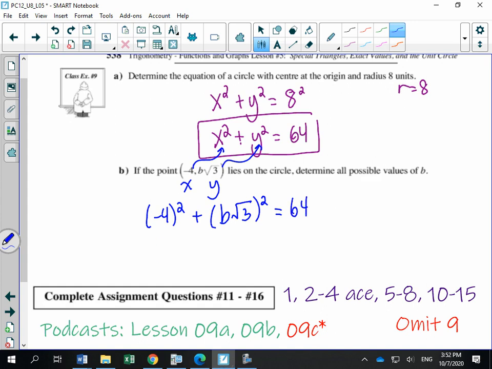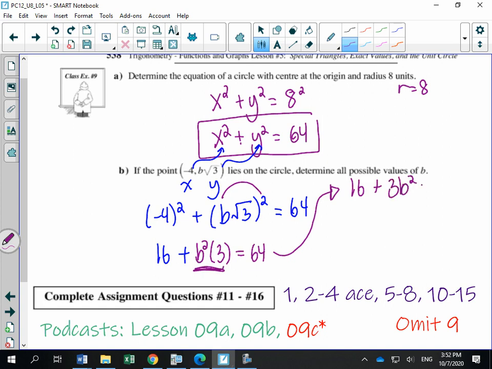Negative 4 squared is 16 plus b squared, and then root 3 squared is just simply 3, is equal to 64. I'm going to rewrite this. So 16 plus 3b squared is equal to 64.